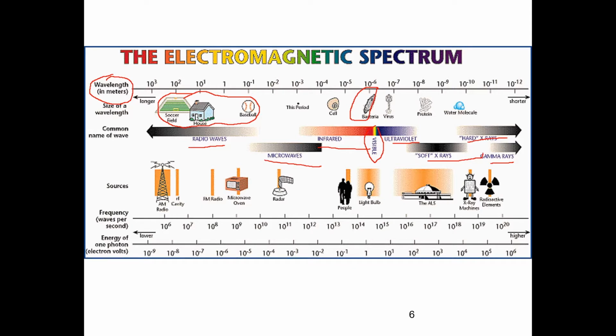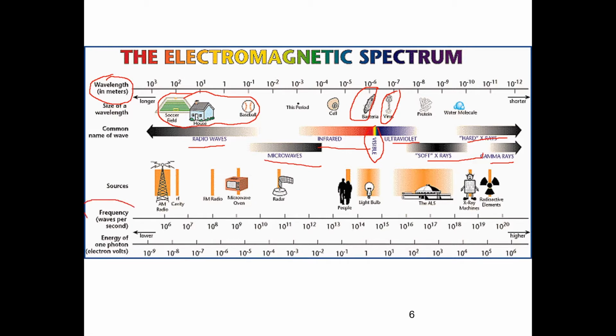The ultraviolet are closer to viruses in size. By the way, this is why you can use light microscopes, like used in biology, to see things as small as bacteria. But you can't get any smaller than that with a light microscope, so viruses can't be seen by light microscopes.